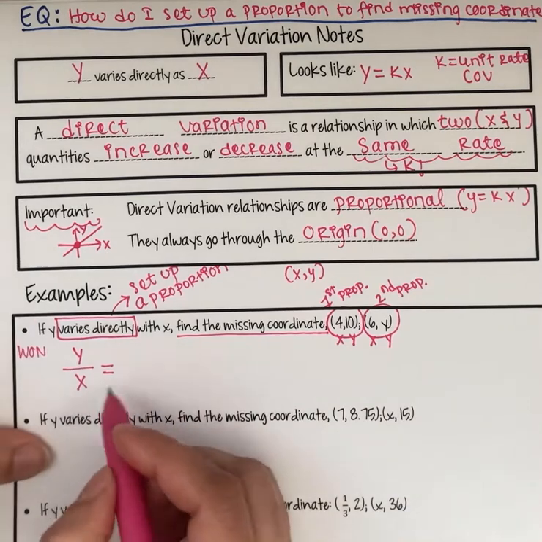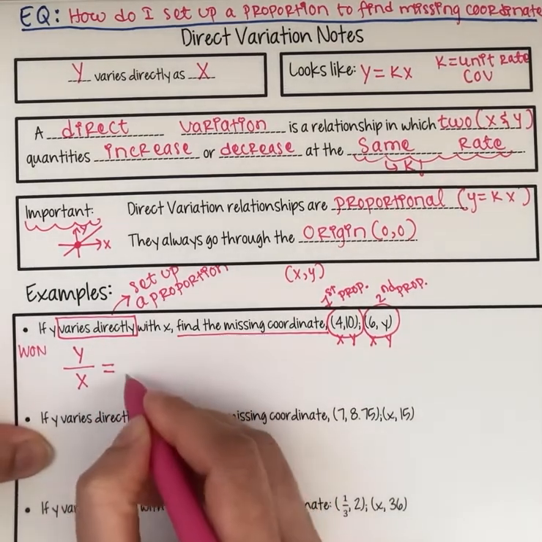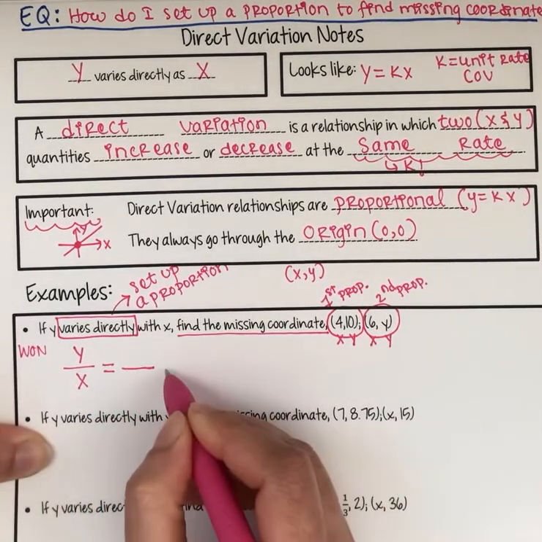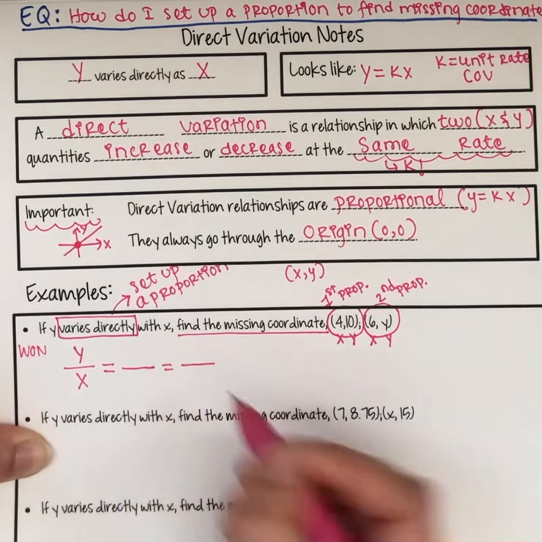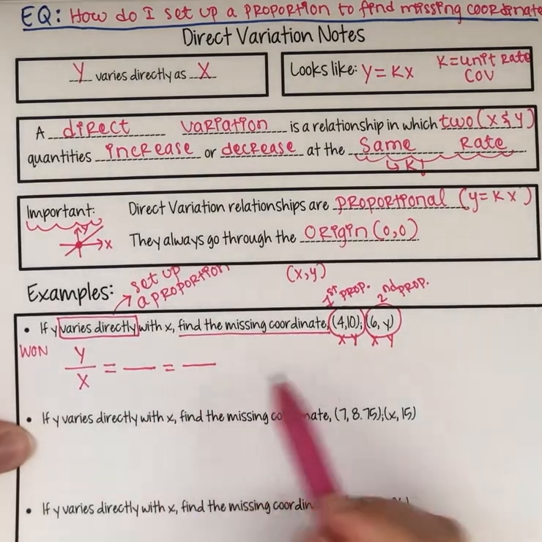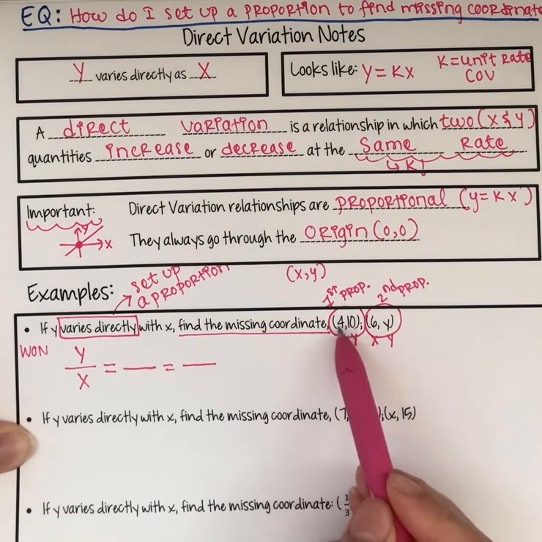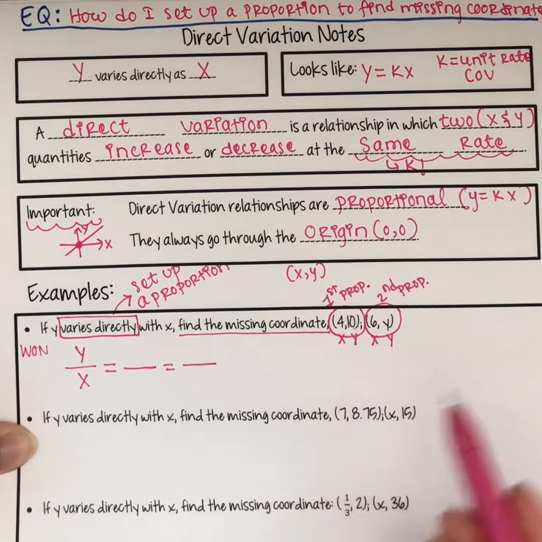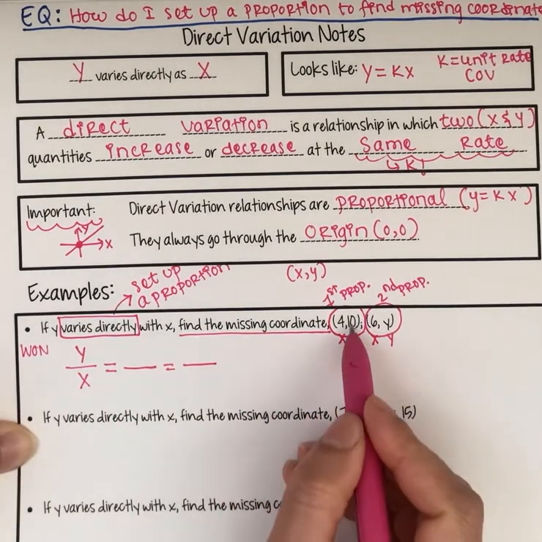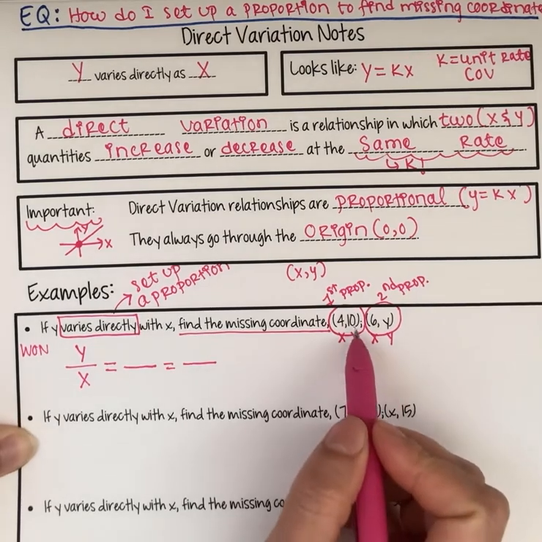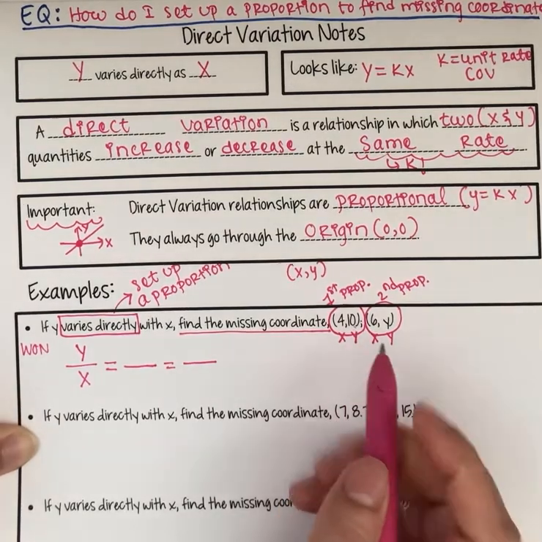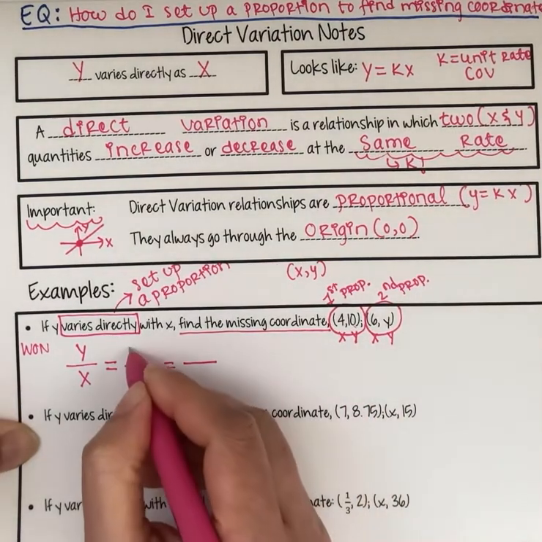Okay, so y over x is what we have, and we are going to have the original information and then our new information. The original information is basically the one that has both of the coordinates given, so 4, 10. And am I going to write down the 10, the y value, at the top or the bottom? If you said at the top, you are correct.